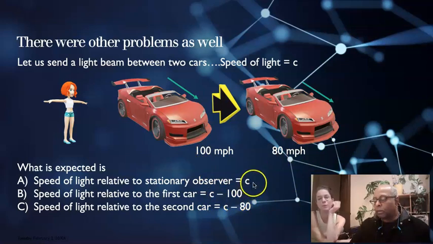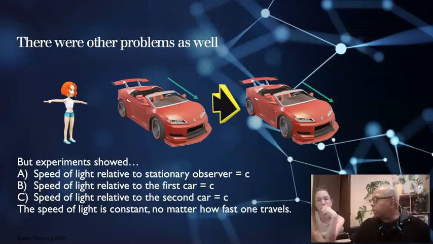But that's not what was happening when they did the experiment, not using cars, but various prisms and all that. The lady would see the light moving at c. This driver would see the light moving at c. This driver also would see the light moving at c. The speed of light is constant, even if you move.